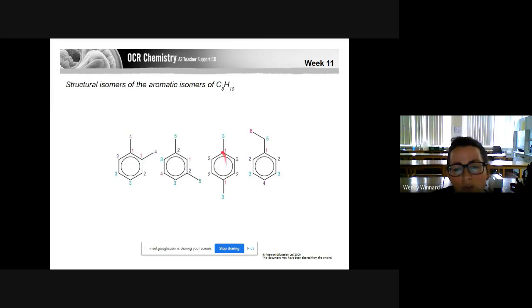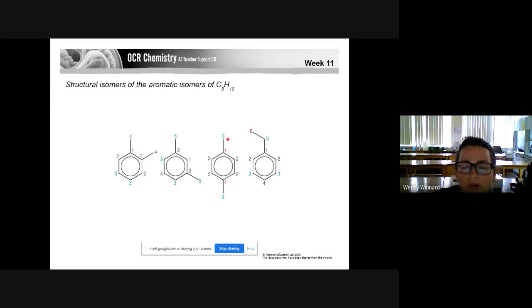Whereas if we go to 1,4-dimethylbenzene, it's only got 3 because it's the most symmetrical. If we put a line through here and a line through here, carbon 1 is mirrored with carbon 1 here. These 2 are equivalent. Carbon 2 is equivalent to carbon 2s here. They're equivalent. And carbon 3s are equivalent.